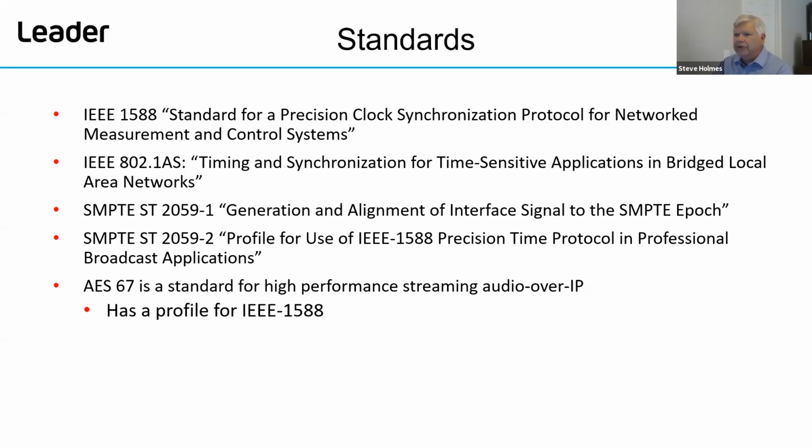And most of the time, we don't even know a cell transition happens. Once in a while, you get a little click, but most of the time, nothing happens. So then there's the SMPTE 2059-1 and -2 that set up the pieces that are added to the IEEE standard.